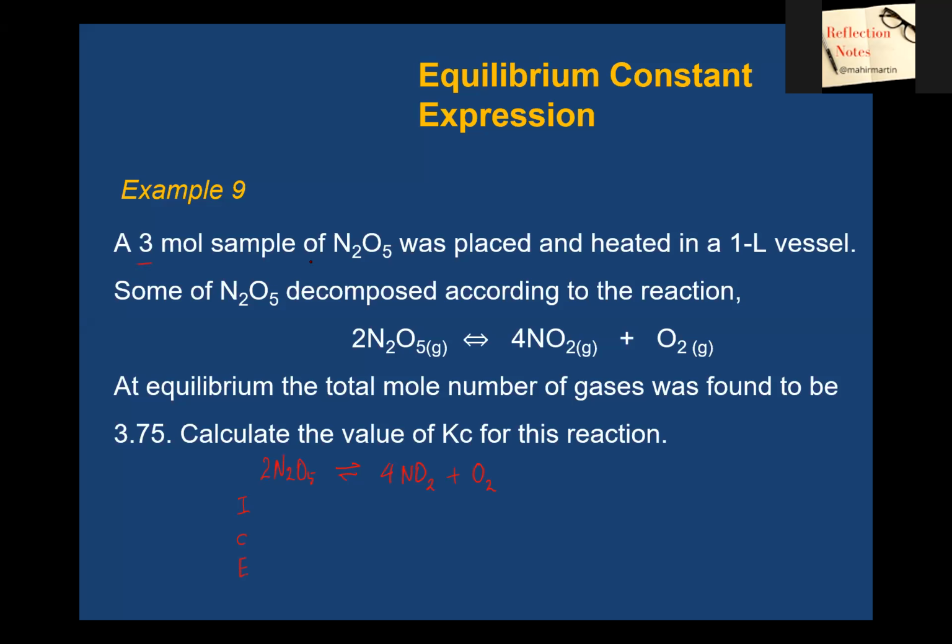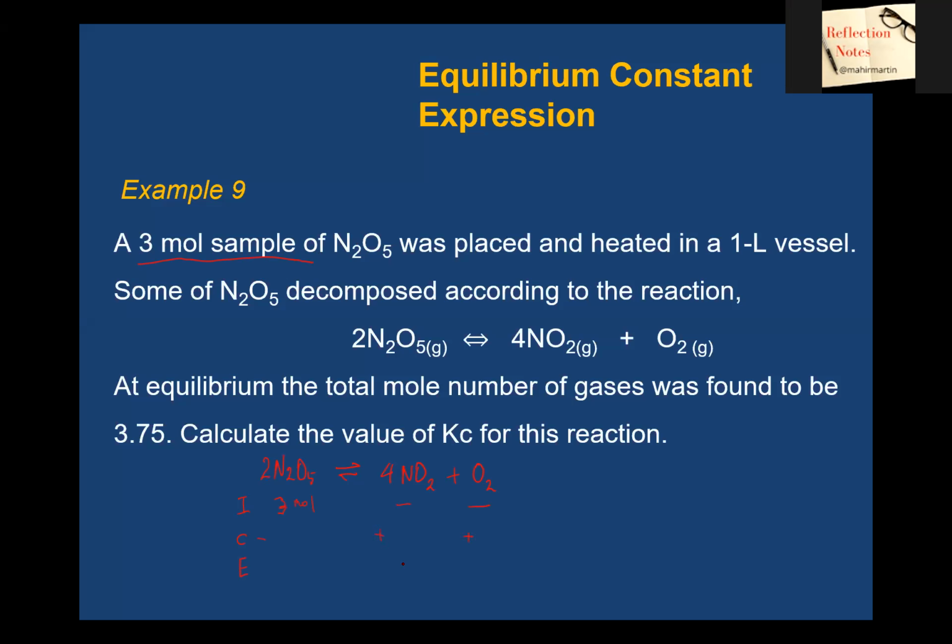So it will be in initial. It must be 3 mole here. And initially, of course, the product will be 0. And in the change, we have negative for the reactant, and positive for the products.